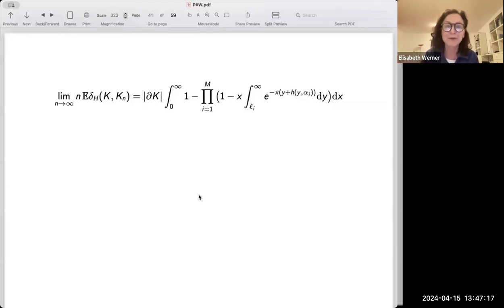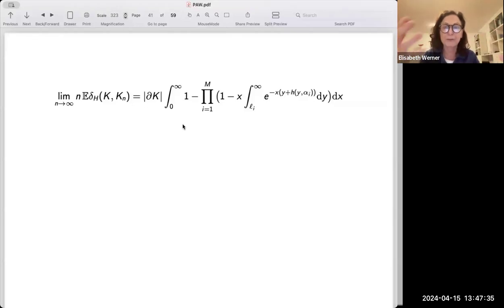And that way we could reduce the proof by half, and we could reduce the paper by half using the Poisson point process.